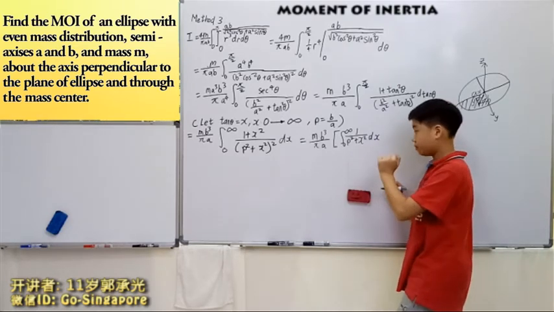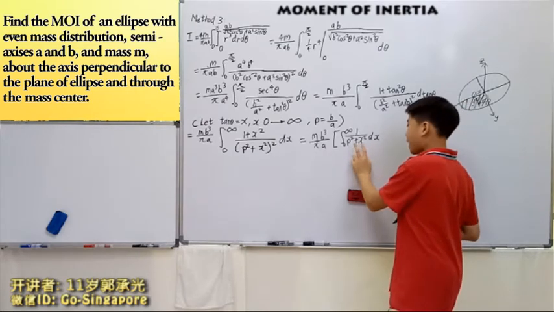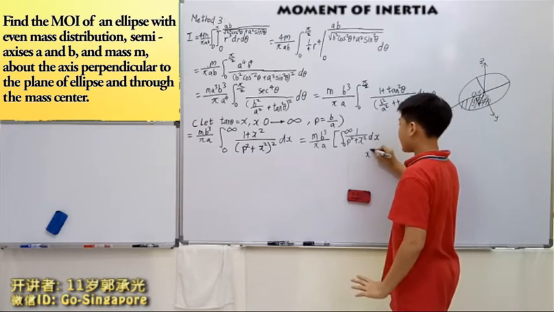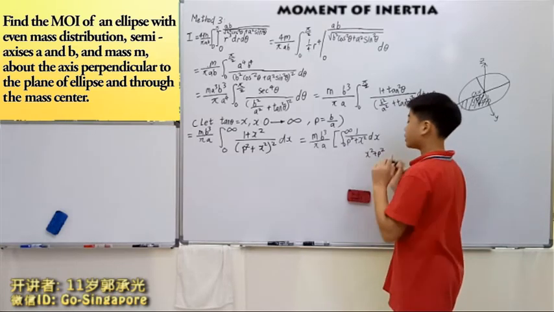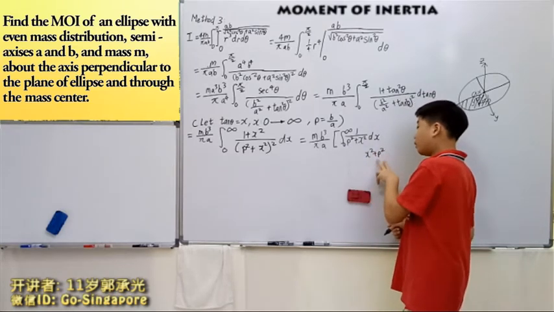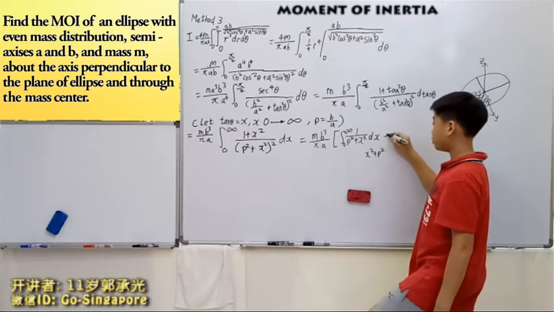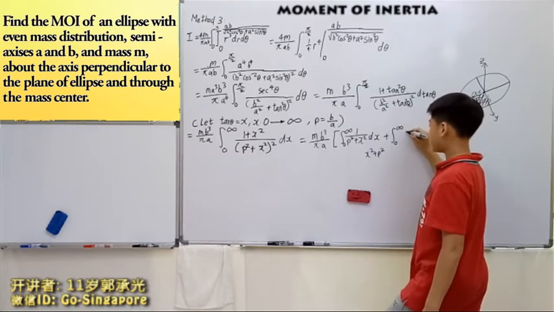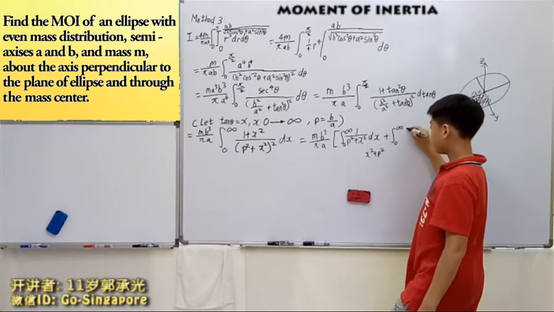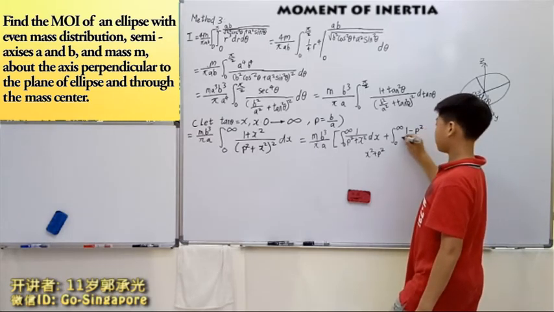Make it simpler. Then the part at the back, if I have like this, that means I already have an x squared plus p squared. X squared we still need another one, but we don't want this p squared. That means we would have to plus, let's integrate from 0 to infinity, we'll have 1 minus a p squared.